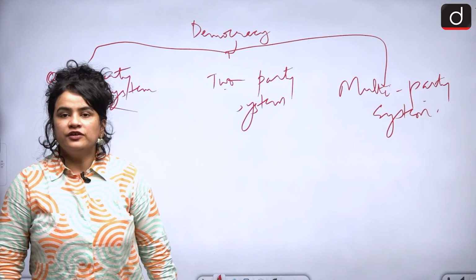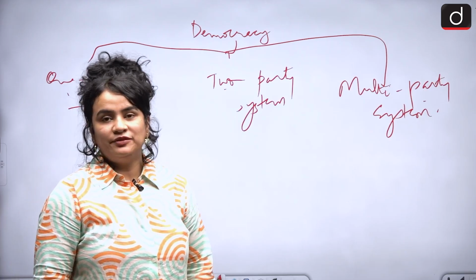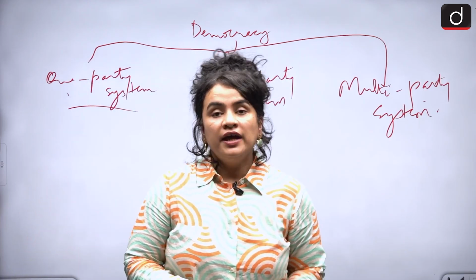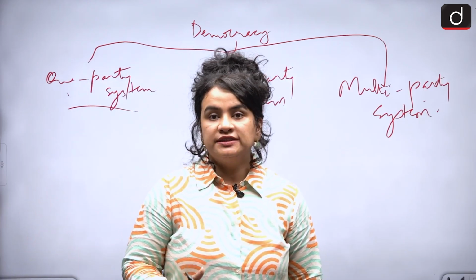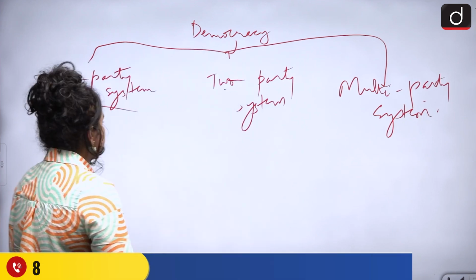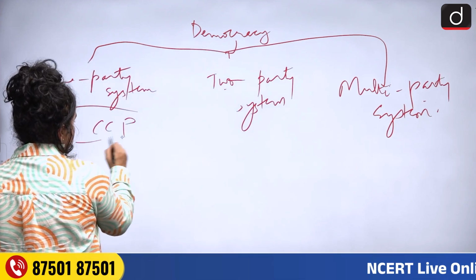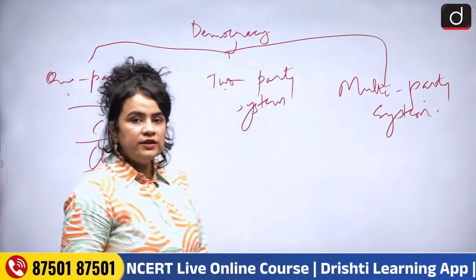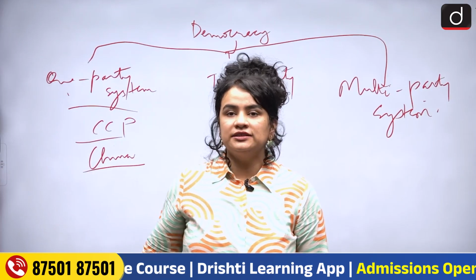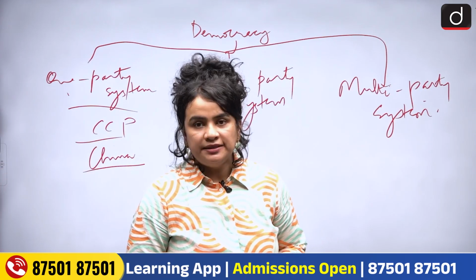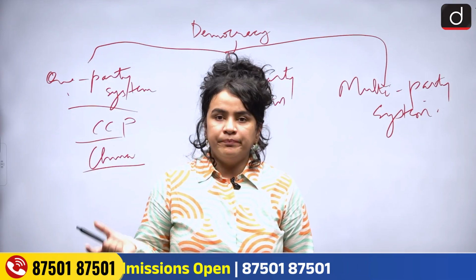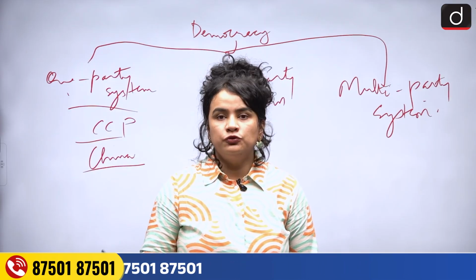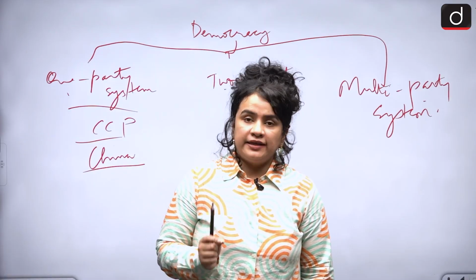In our very first lecture, when we discussed democracy, we talked about the example of the Communist Party of China, or the CCP. China has a one-party system. And we talked about the fact that only those contestants who were either affiliated to the CCP directly or to its allied parties were allowed to field and contest for elections.